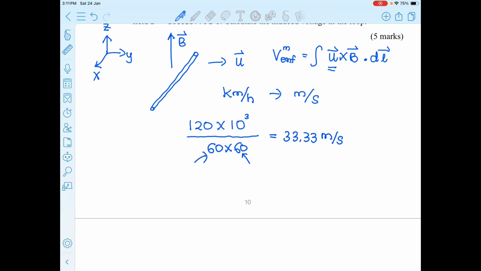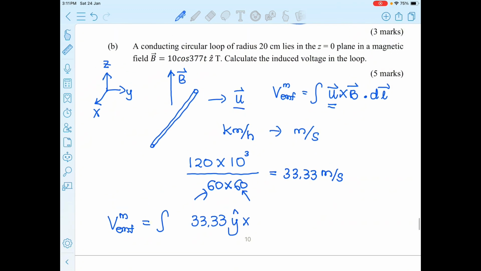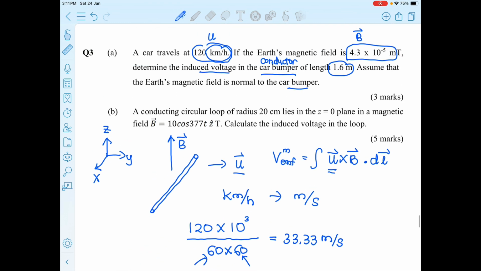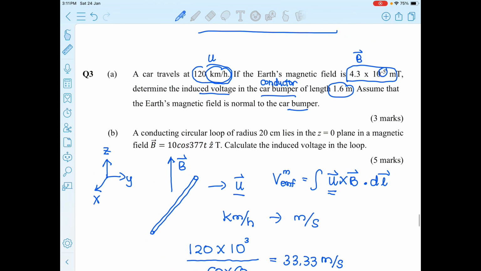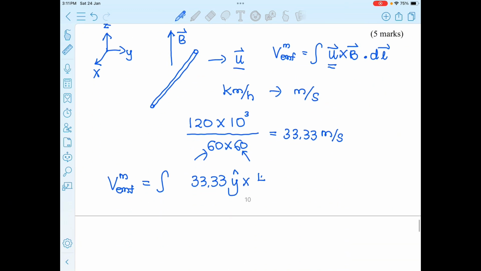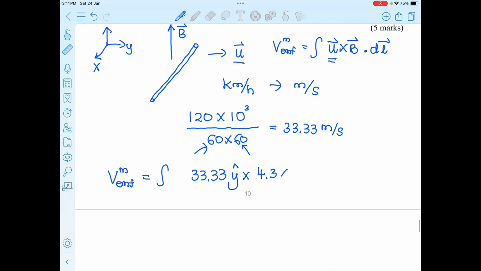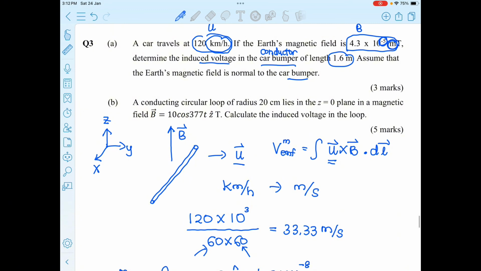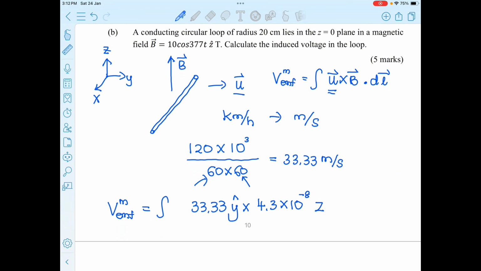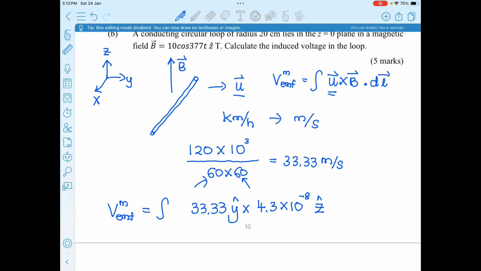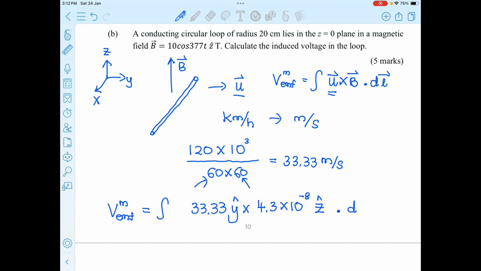Now we can put it into the equation for motional EMF. Integrate U, which is 33.33, in the Y direction, cross product with your magnetic flux density, which is 4.3 times 10 to the power -5 with a milli behind, so it becomes 4.3 times 10 to the power -8, in the Z direction. Then dL stands for the length of your car bumper.